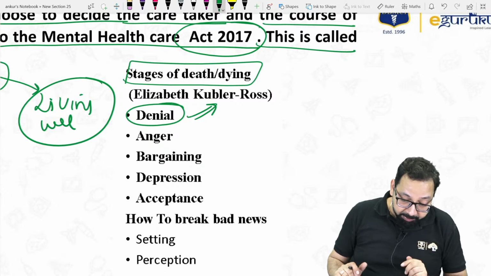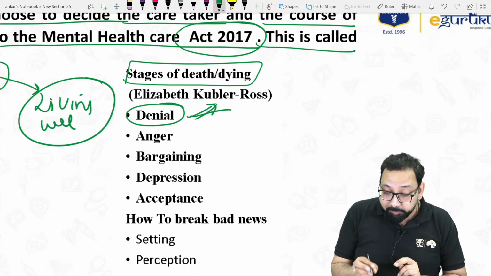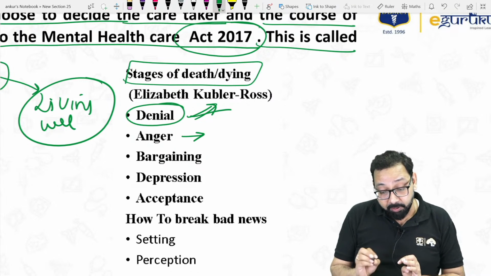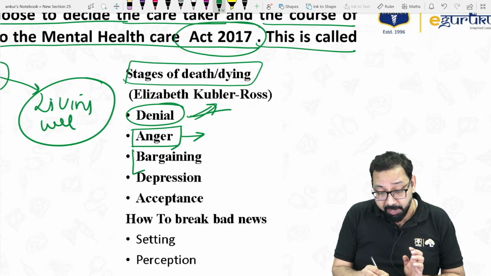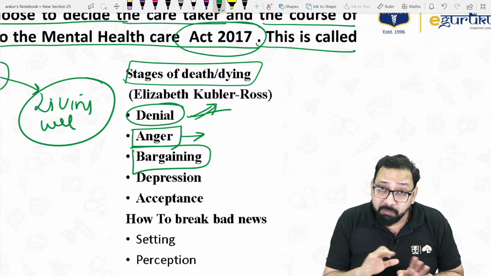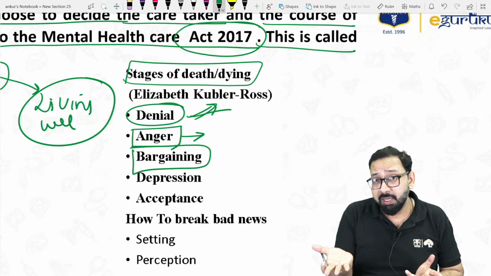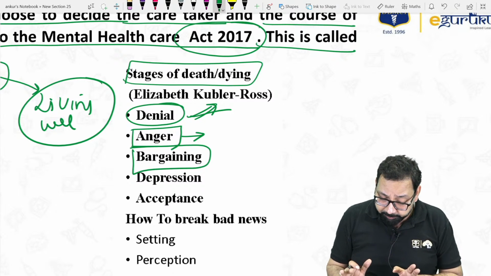Denial, then anger. What is anger? Hey God, why me? Then bargaining: hey God, save me this time. Once I recover from this illness, I will not smoke, I will not take alcohol. That is bargaining.